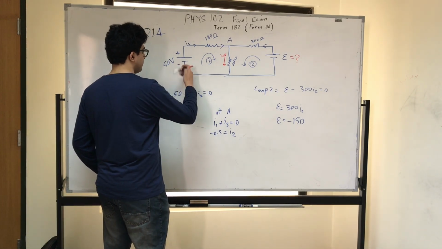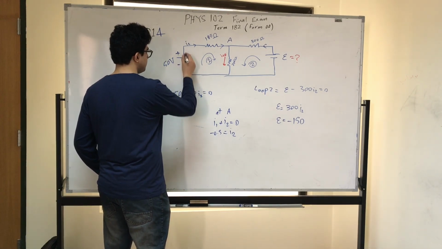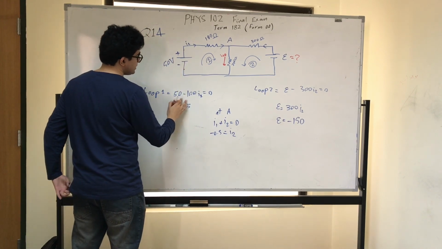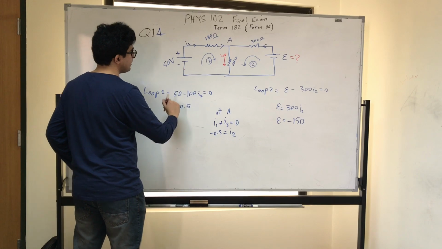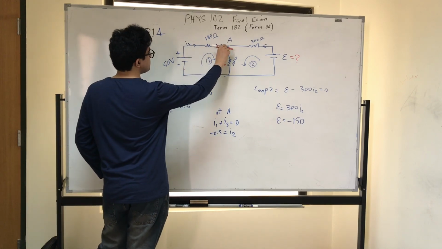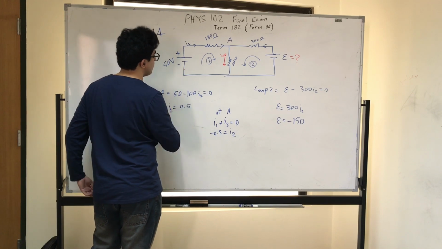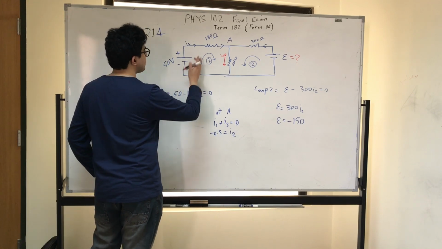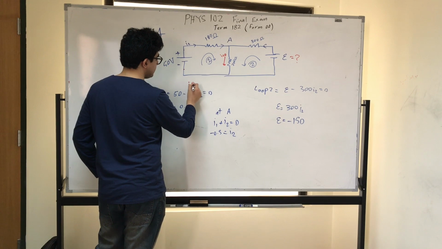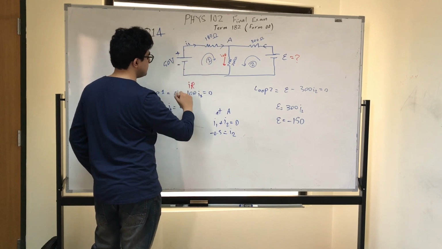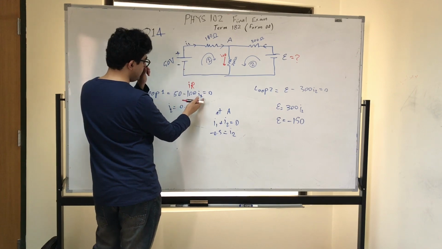Now going from this point to this point, we're going from negative to positive. So we have positive 50, and then going through the resistor in the same direction as the current, so we have a negative sign over here. So this is basically IR, or the current times the resistance, 100 times I1.